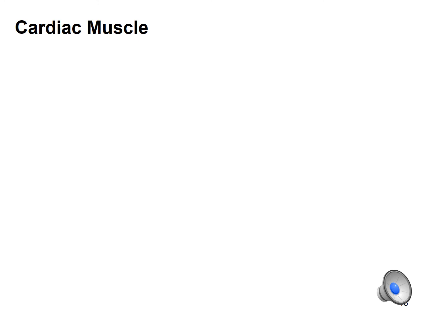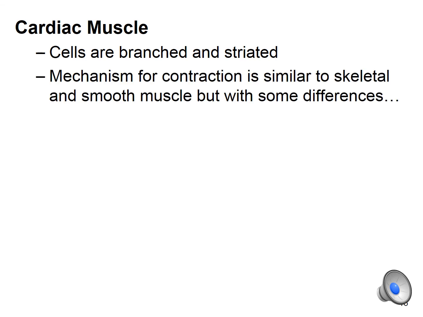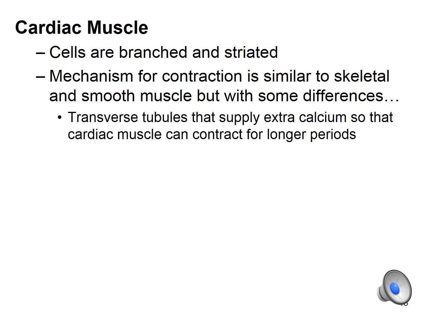With cardiac muscle, the cells are branched, which is different than smooth and skeletal muscles, but they do have striations. Again, their mechanism for contraction is similar to skeletal and smooth muscle, but there's a couple differences. The transverse tubules of cardiac muscles have extra calcium so that cardiac muscles can contract for longer periods.